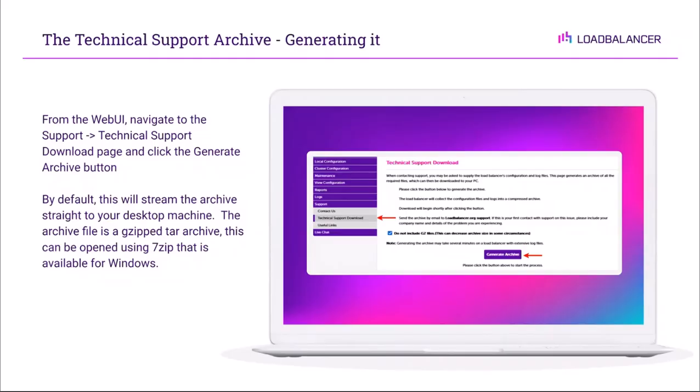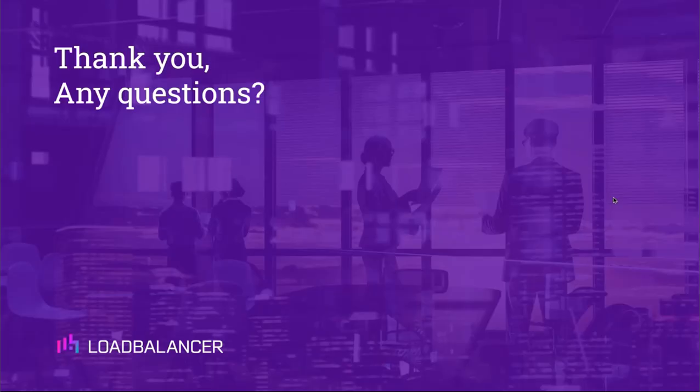If that is under 20 megabytes, which I believe is usually what email would accept, then you can just attach it to your email when you send the initial support request. Should it be larger, please open a ticket, and one of our staff members will share a link with you to the upload server where you can upload such a bigger technical support download.